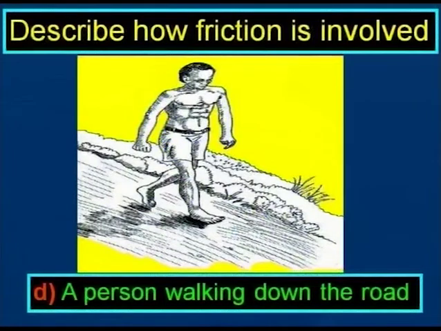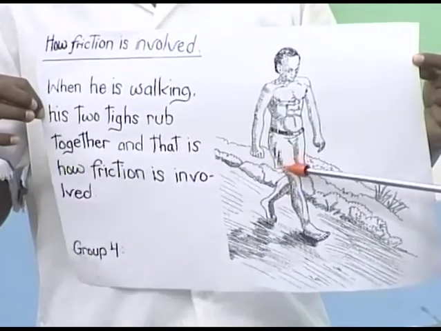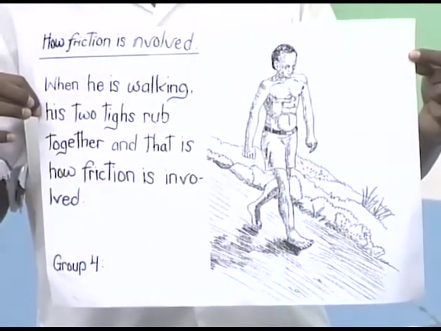How is friction involved? When he is walking, his two thighs rub together, and that's how friction is involved. Okay, so where is the friction? Point to it. Okay, his two thighs rubbing together, and that is how friction is involved.